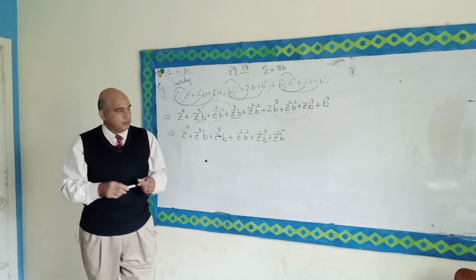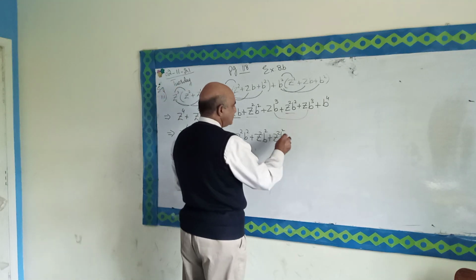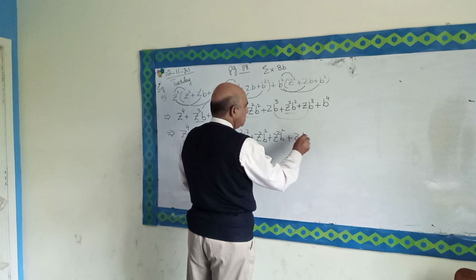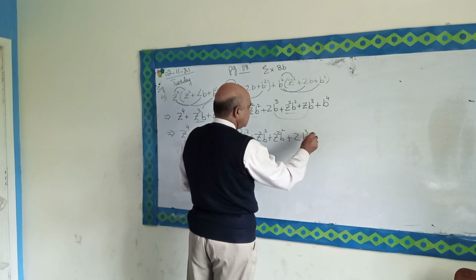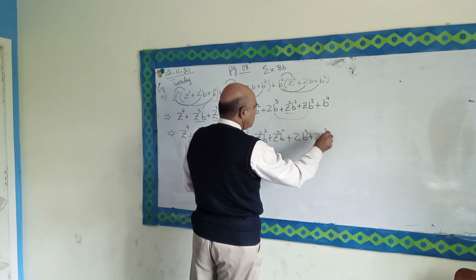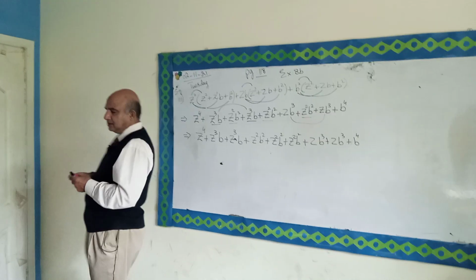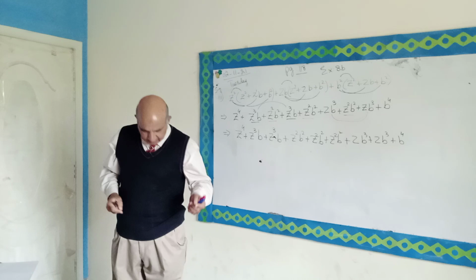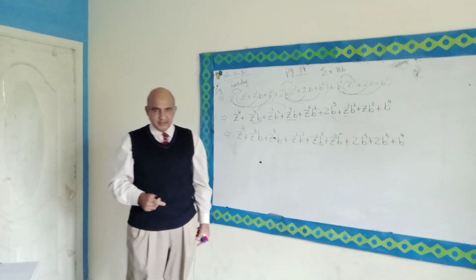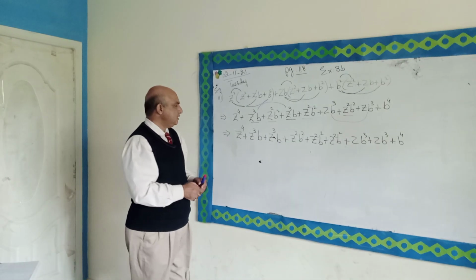Understand? Yes, sir. Now we have plus zb cube again plus zb cube plus b power 4. Understand? Yes, sir. Okay.